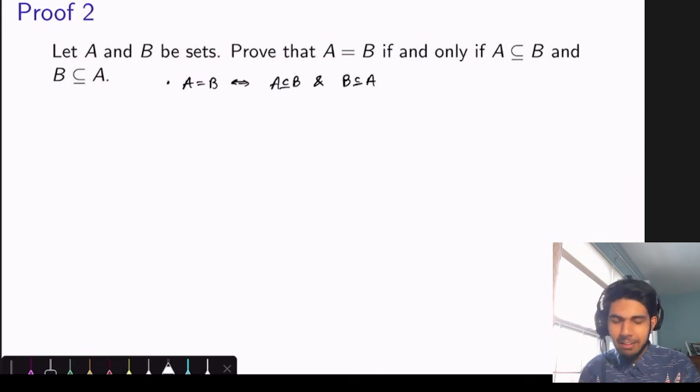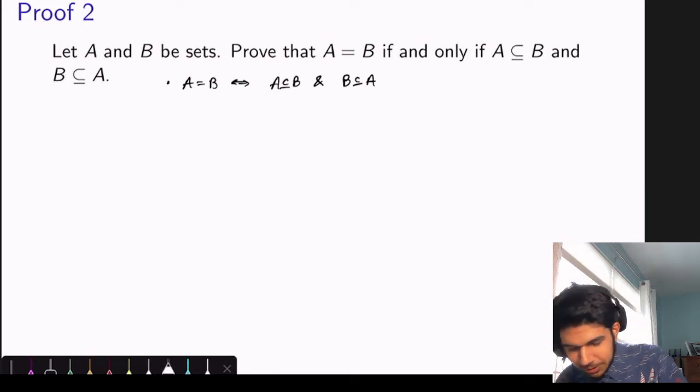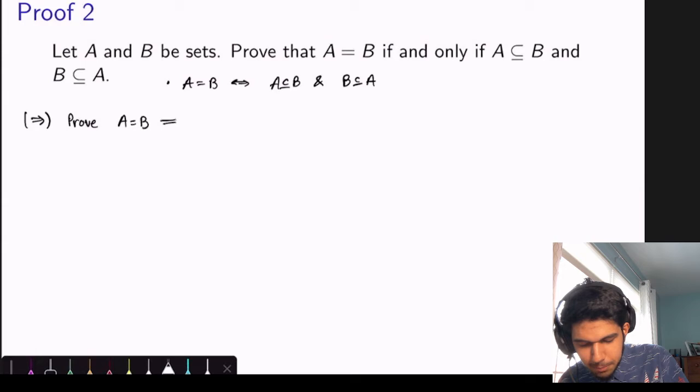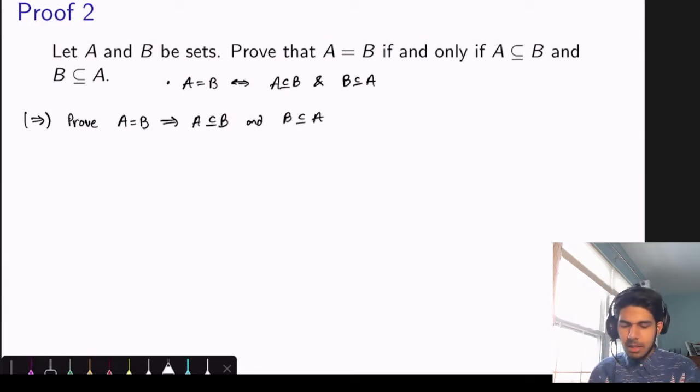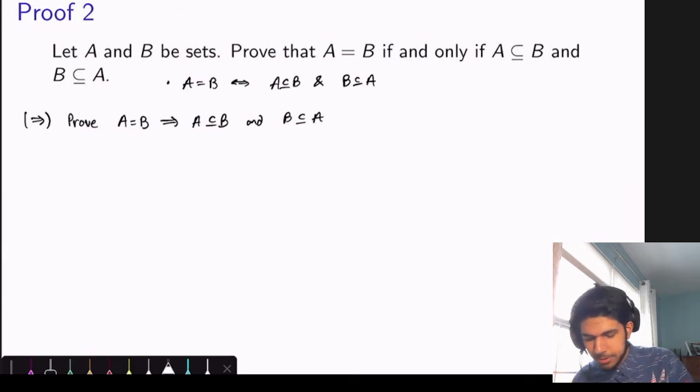So when we have this double arrow, we have to do two proofs, one in the forward direction and one in the backwards direction. So I'll explain what I mean. First is the forward direction. That means we want to prove that A equals B implies that A is a subset of B and B is a subset of A. And then secondarily, we'll prove the backwards direction.